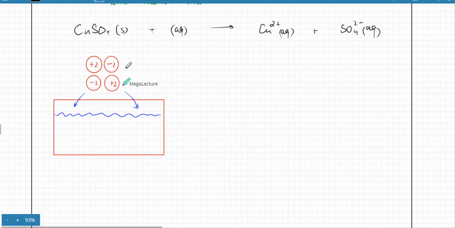So, for example, this +2 over here is going to dissociate and mix with water. This -2 is going to break off and would also mix in water. And so on, the entire salt crystal is going to dissociate eventually, and the ions are just going to scatter in the water.